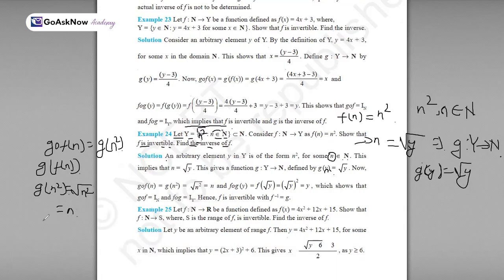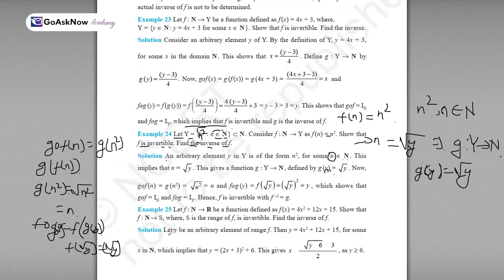And if I find f of g, f o g of y, it will be equal to f of g(y), and g(y) is root y. So f of root y will be equal to root y square, because the definition of f is n square.